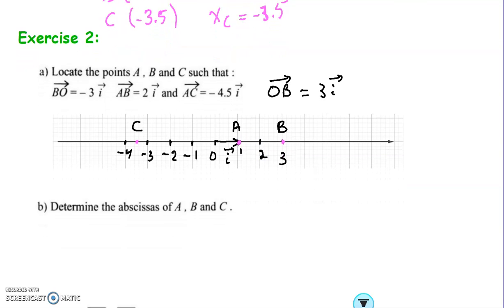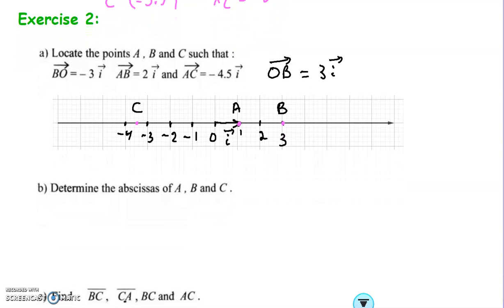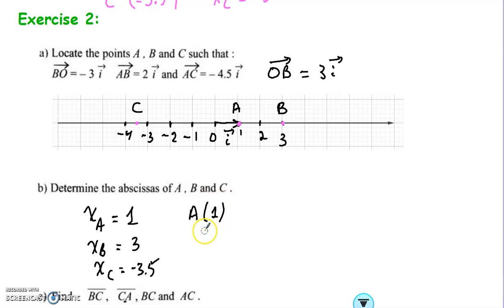And now the second question, determine the abscissas of points A, B, and C. So clearly here, XA is 1, XB is 3, and XC is minus 3.5. This means that I can write A(1), B(3), and C(minus 3.5).